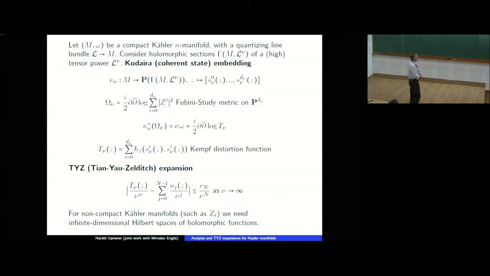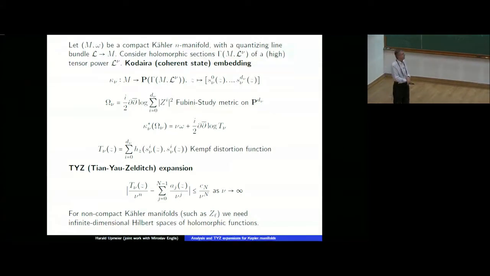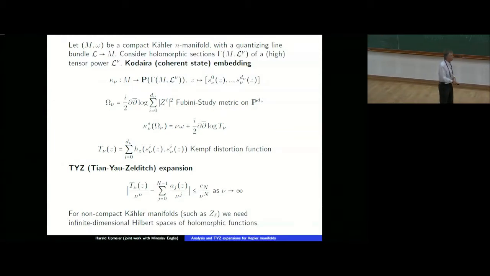If you have a compact Kähler manifold and your symplectic form is integral, you have a pre-quantum line bundle L, whose curvature gives the omega, and you look at the holomorphic sections for large enough powers, L to the nu, nu an integer going to infinity.